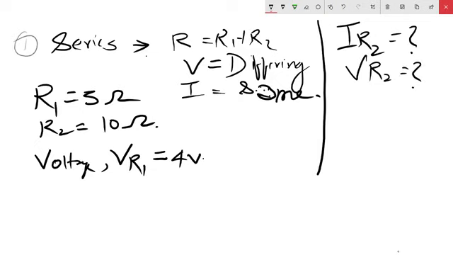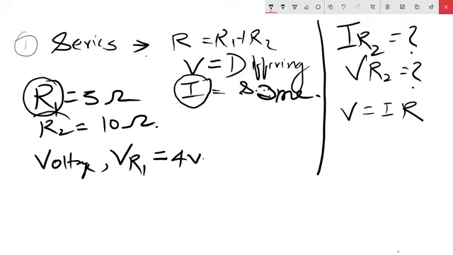First of all, take Ohm's law: V is equal to IR, and as we know, the current value in series will be the same. So whatever current value I find for resistance R1, the same will be for resistance R2.